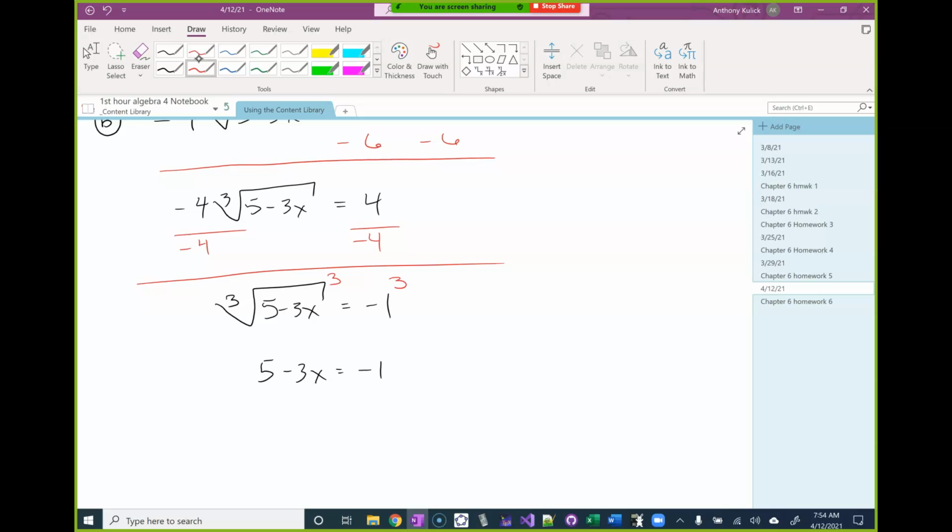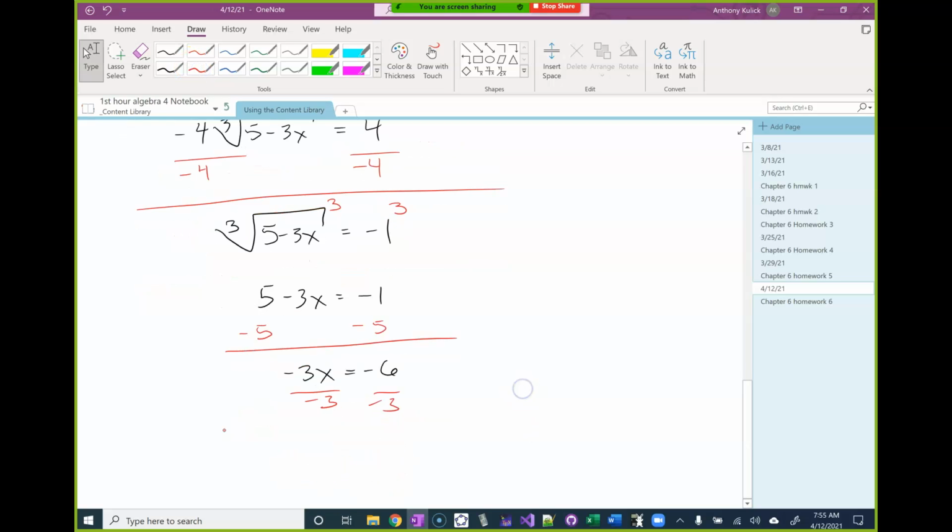Just to reiterate that I did do something there, that the exponent of 3 didn't just go away. So then we'll subtract the 5 from both sides, and then divide both sides by negative 3. And we're left with x equals 2.